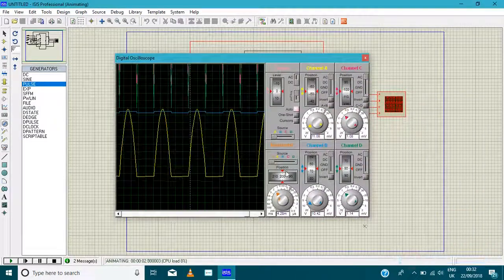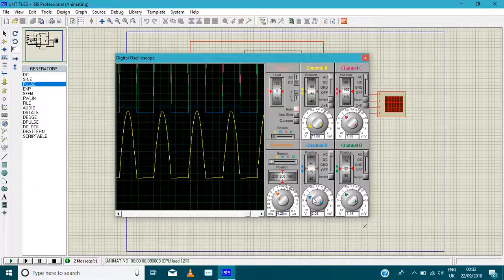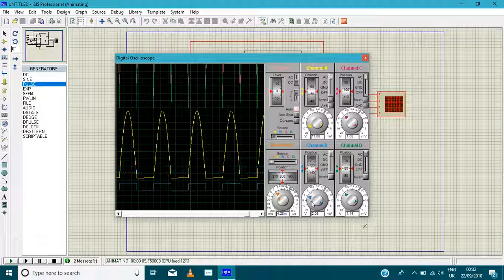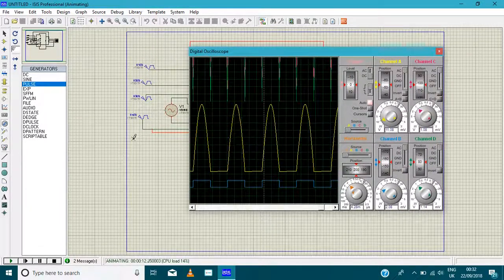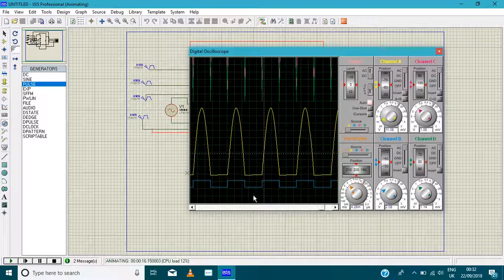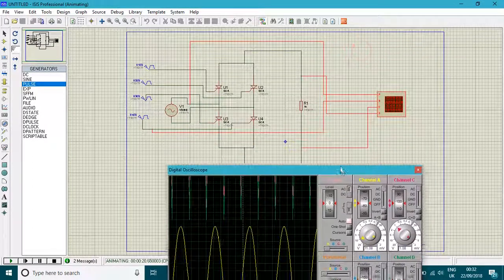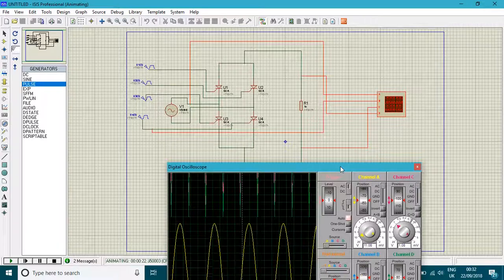So this is the pulse which we are giving from there. This is 50%, so this is exactly that. This is the positive side. When this is high, it is showing the output.